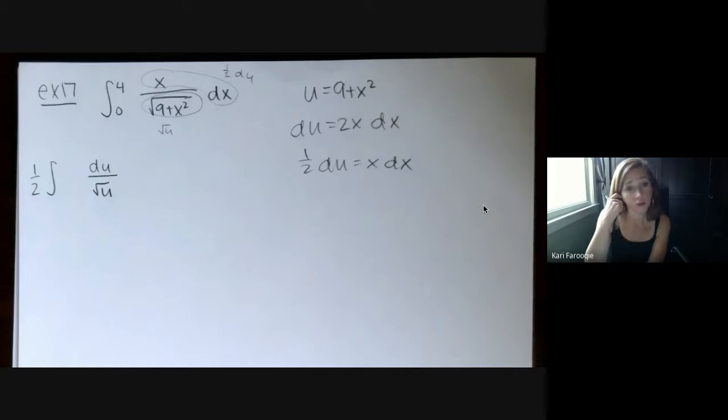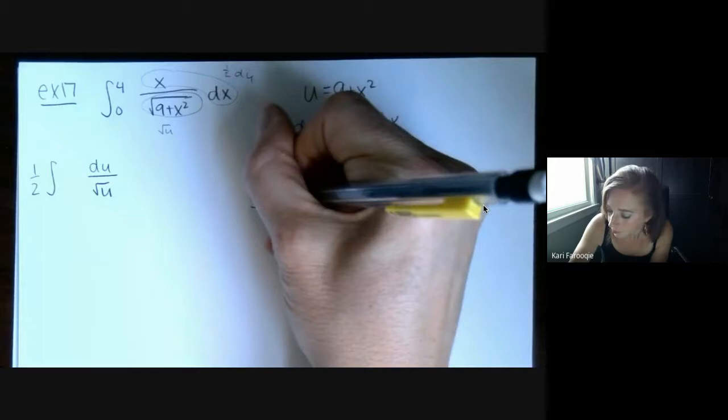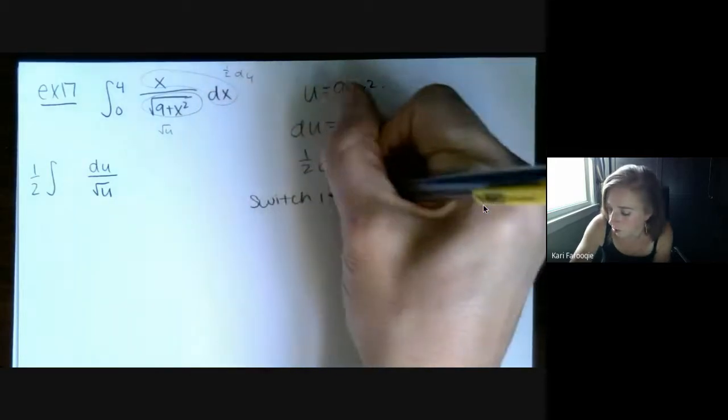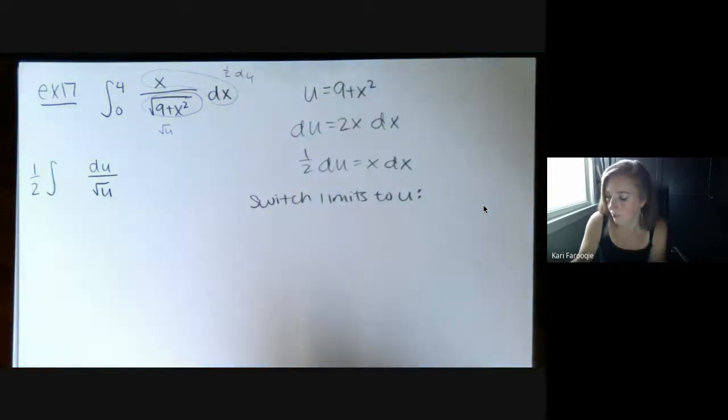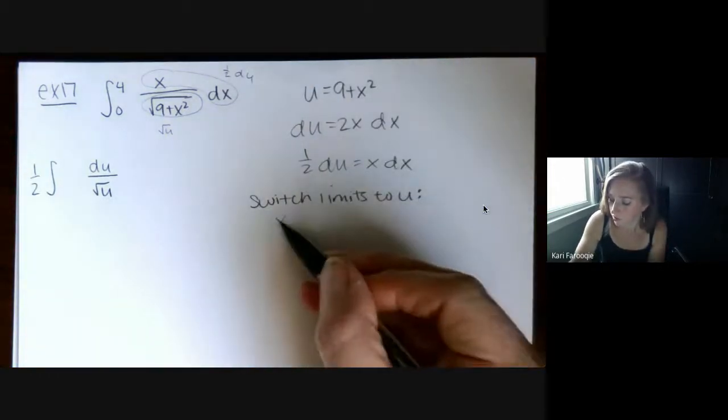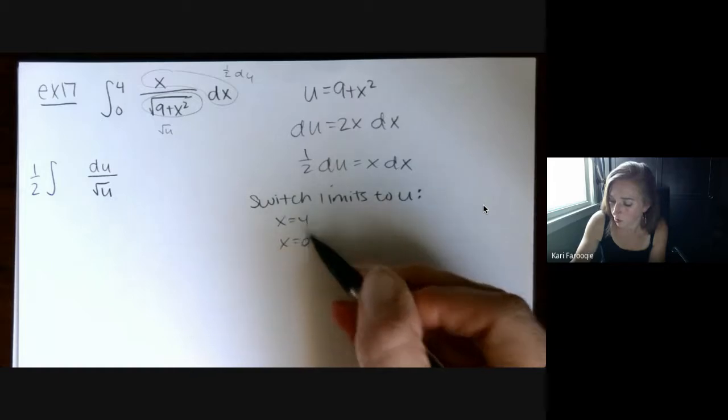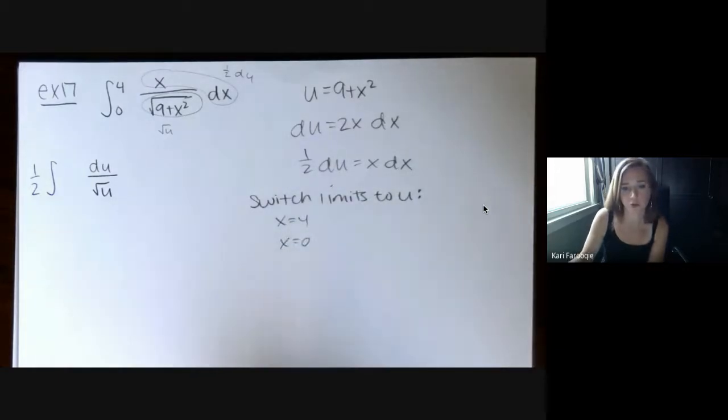And then we'll switch our limits of integration. Right now I have x going from 0 to 4. We'll switch those to u limits. So x went from 0 to 4. I'm going to leave the 4 as the upper just so I don't switch their order.